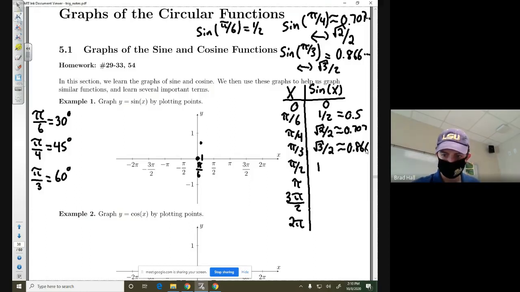And if we plug in the other two, pi over 4 and pi over 3, then it gets closer and closer, so eventually it peaks at 1. So that's what these values tell us.